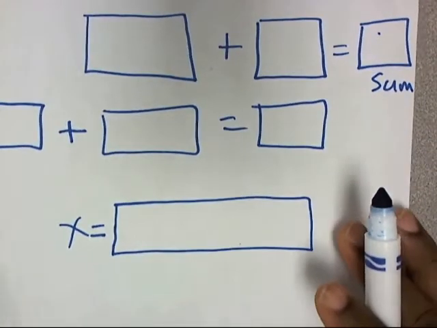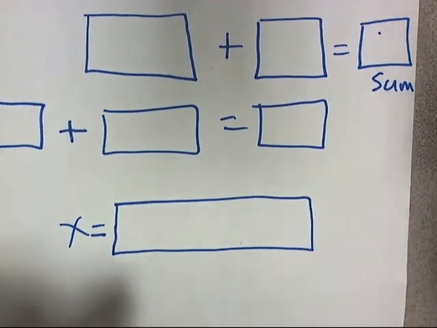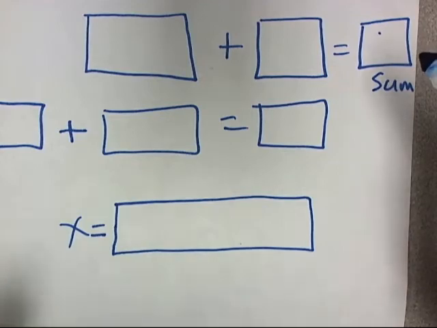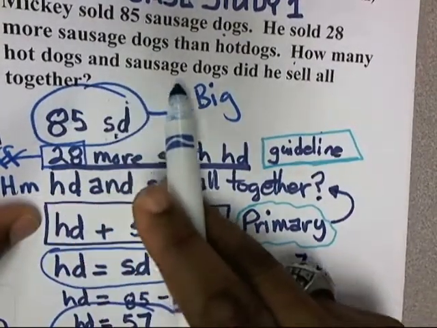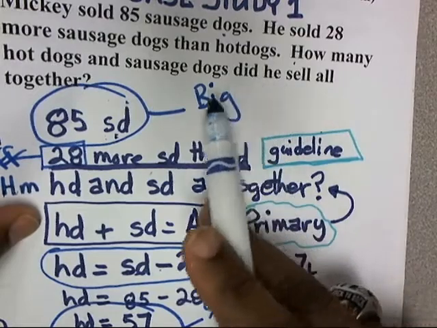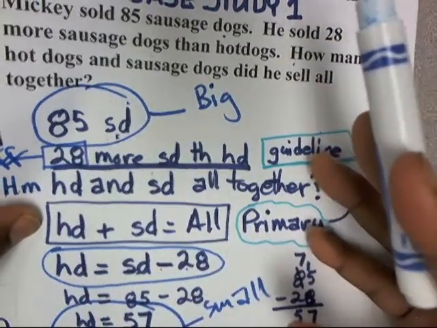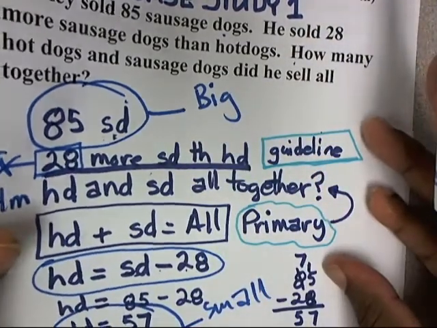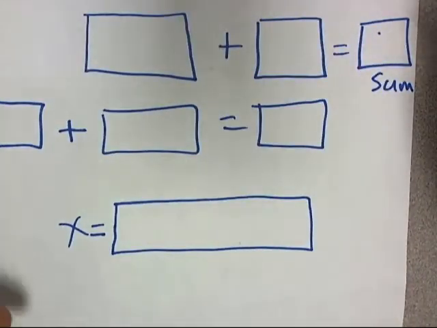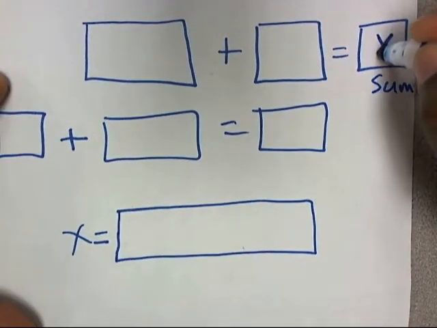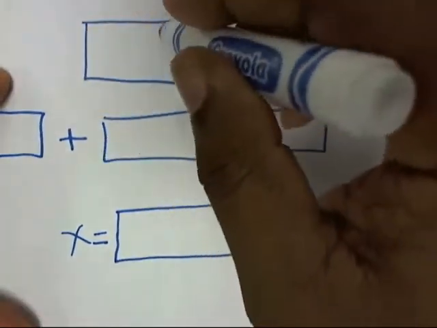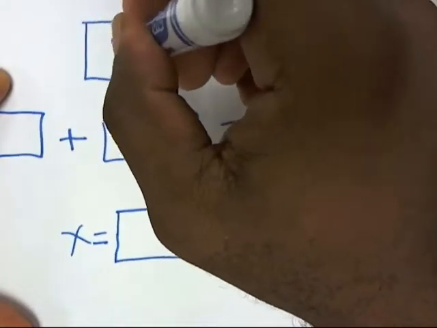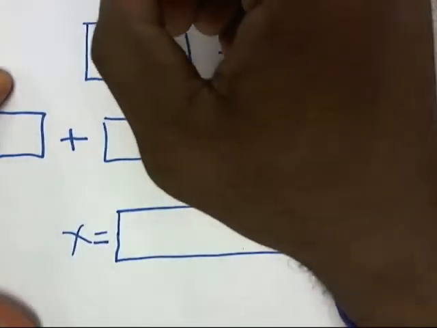So what you have basically is this. You have to remember that you're putting the X where the actual question is asking for. The problem says, how many hot dogs and sausage dogs did he sell all together? So all together means he's asking for the sum. Where it says sum, you're going to put X. The smallest number is 57, and that is the hot dogs.